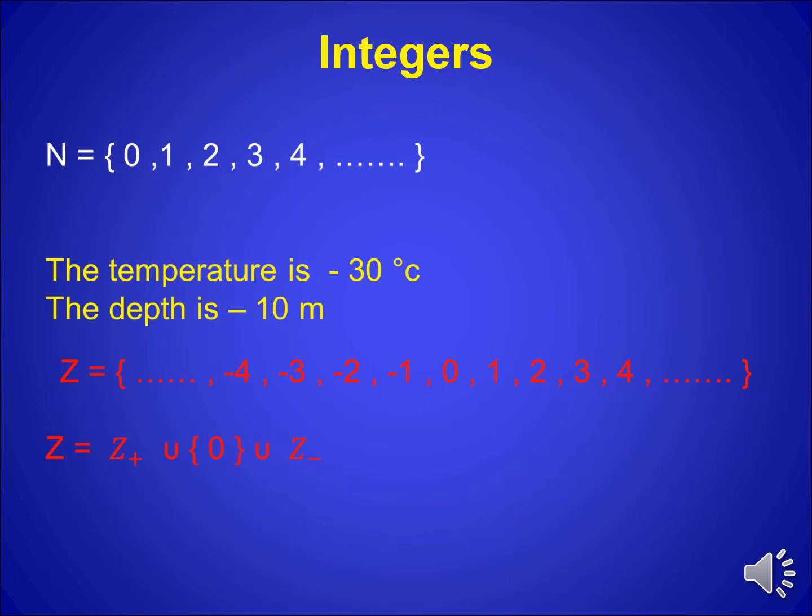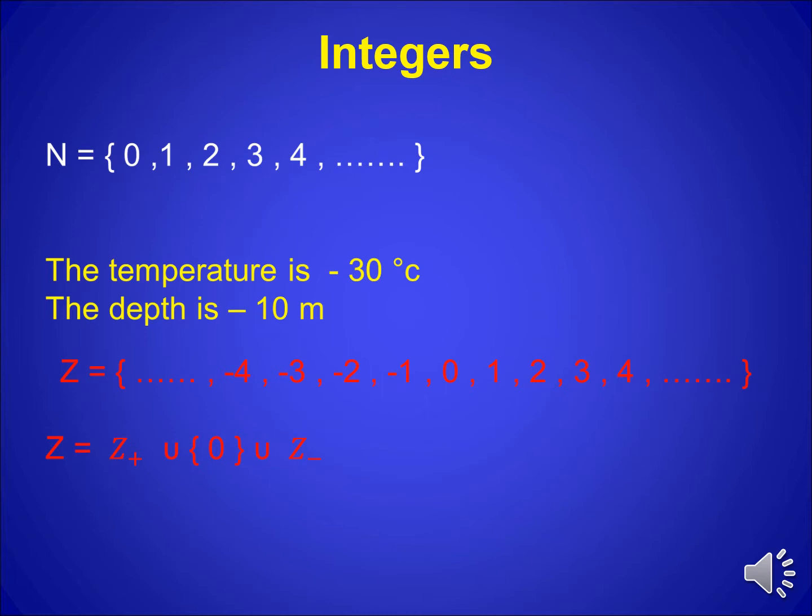So what is this set of numbers smaller than zero? This is called the set of integers, and it is denoted by capital Z. When I say that, I am talking about the set of integers.